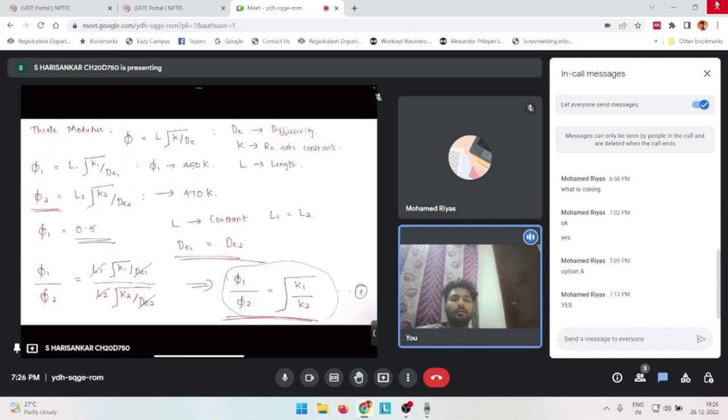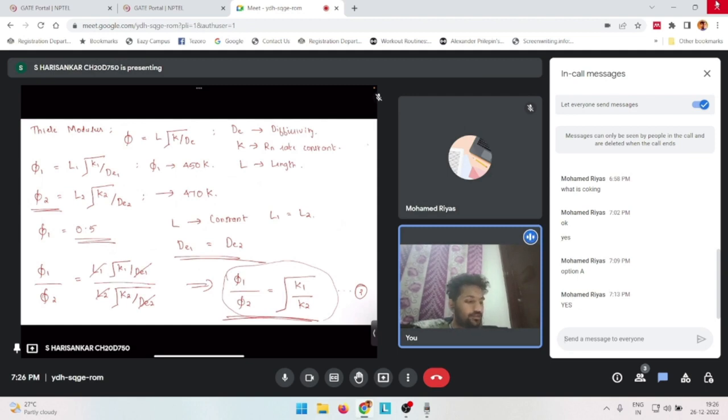We took the ratio of Thiele modulus at 450 Kelvin and 470 Kelvin. Because the diffusivity is independent of the temperature, it will get cancelled out. The length is also constant, so L1 and L2 will also get cancelled out. And finally we get the ratio of Thiele modulus phi1 by phi2 as root of K1 by K2.